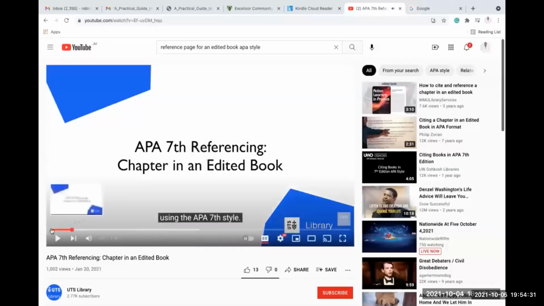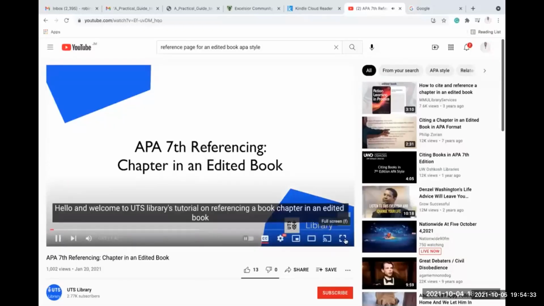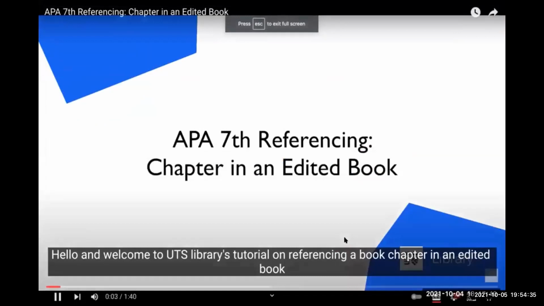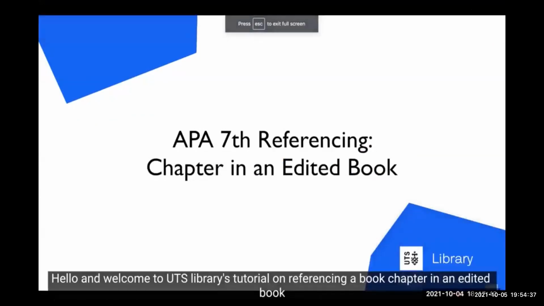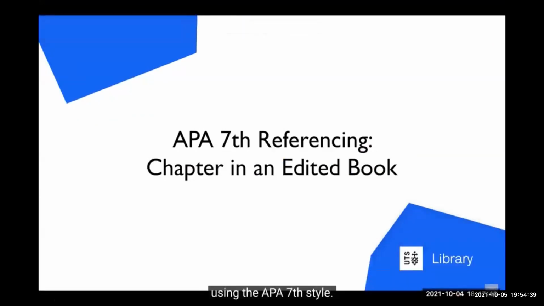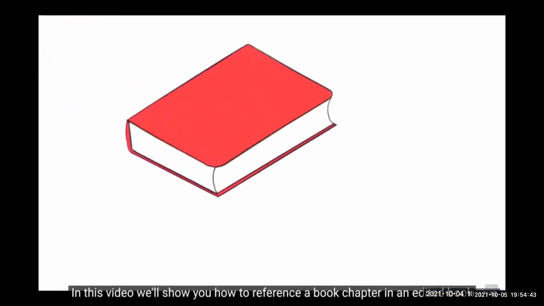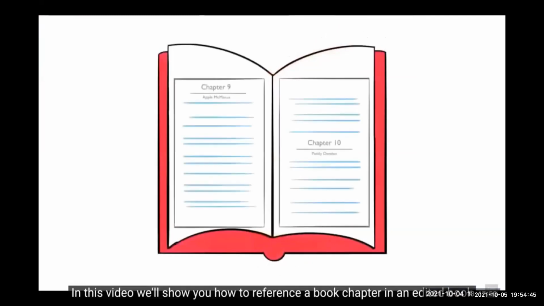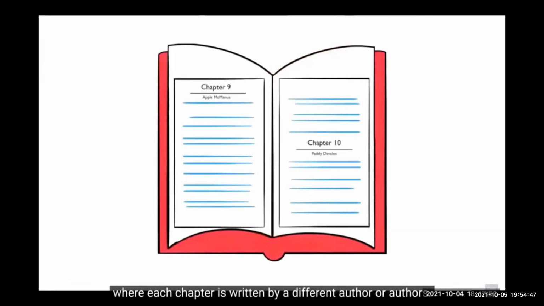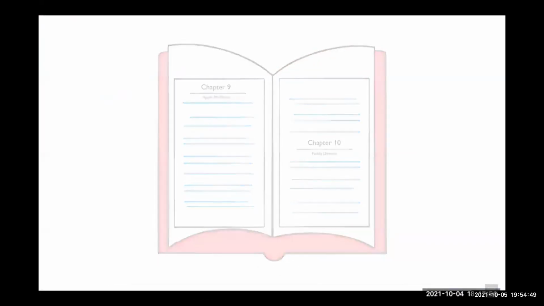Hello and welcome to UTS Library's tutorial on referencing a book chapter in an edited book using the API. All right, so. Hello and welcome to UTS Library's tutorial on referencing a book chapter in an edited book using the APA 7 style. In this video, we'll show you how to reference a book chapter in an edited book, where each chapter is written by a different author or authors.